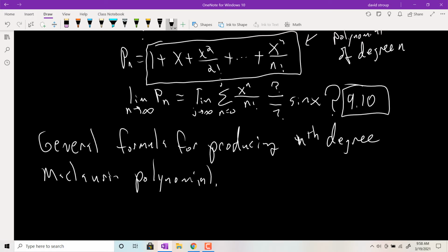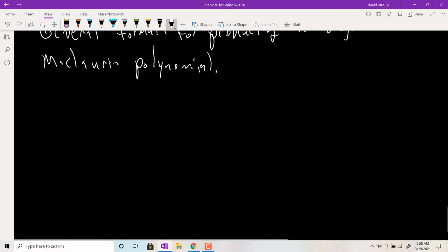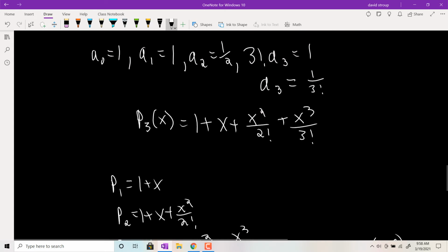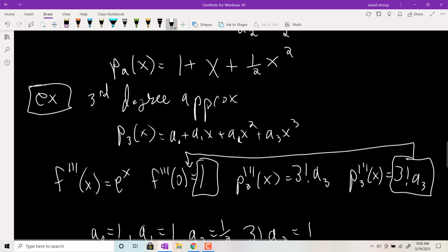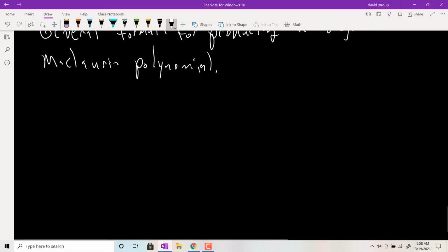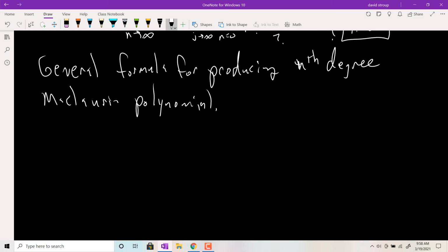We'll still need to be able to get these derivatives, but if you scroll back and look at what we were doing, we were equating these coefficients with the factorials attached to the derivatives of the functions evaluated at 0.